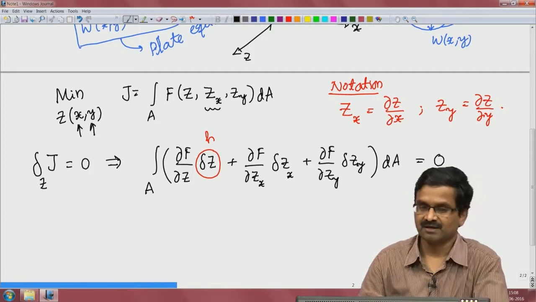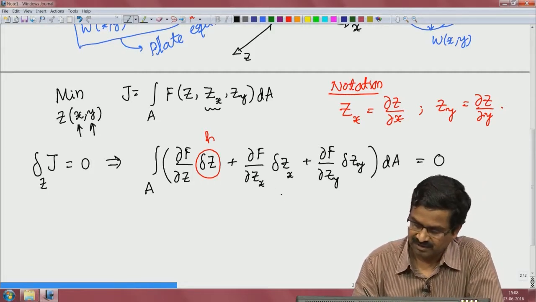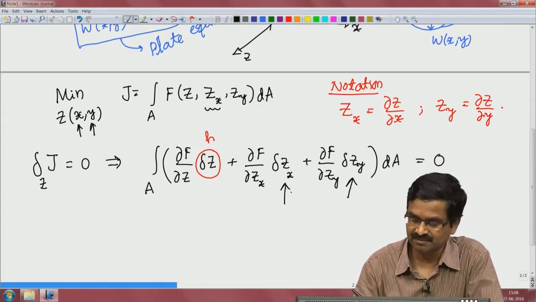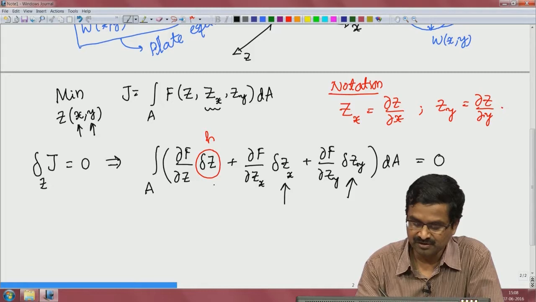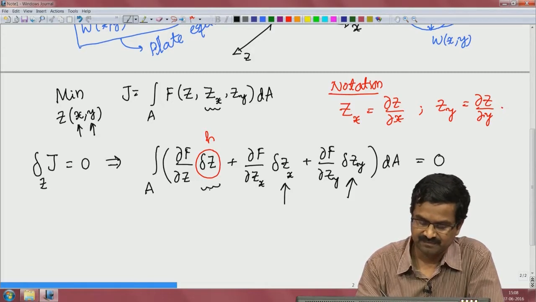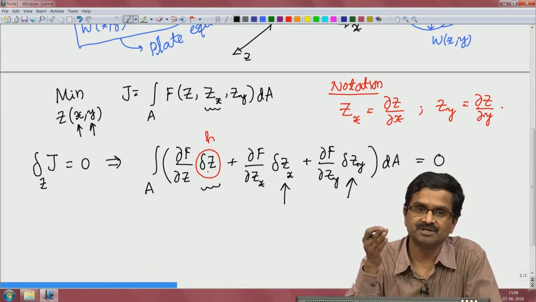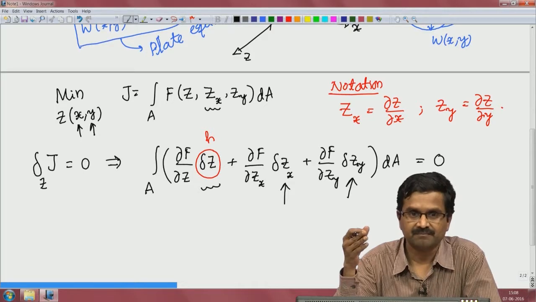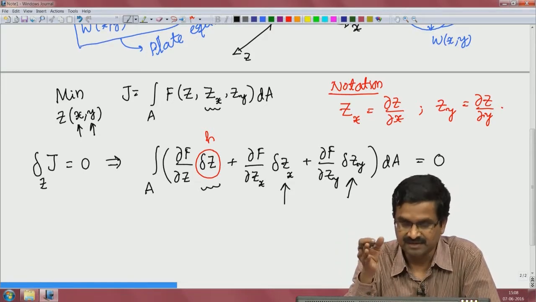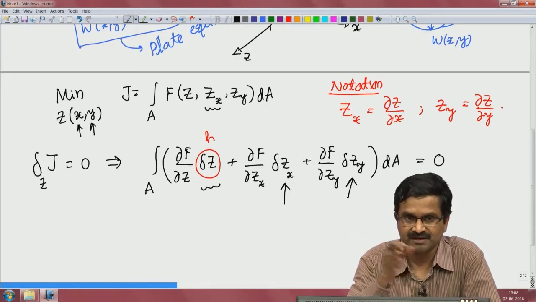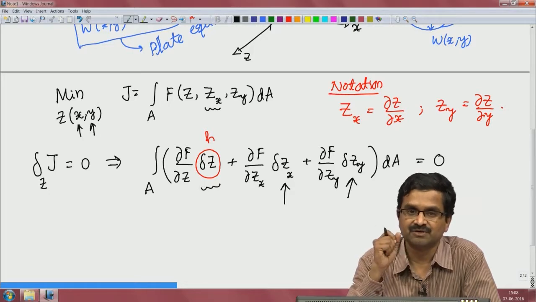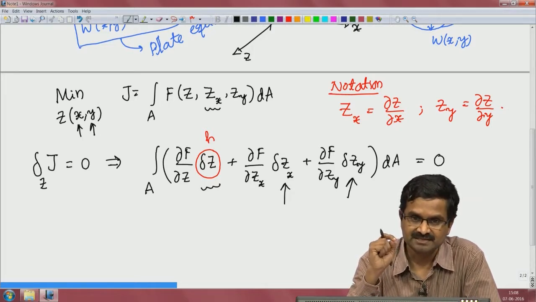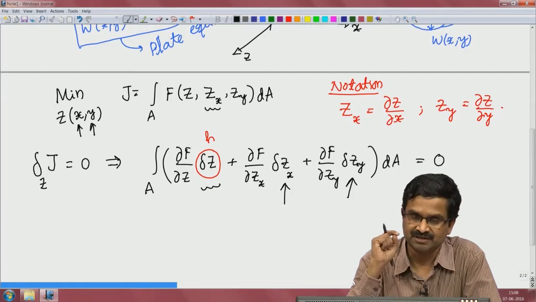Before we do that, our objective, if you recall, is to convert these delta z sub x, delta z sub y into delta z, because then we know that delta z is arbitrary, and then we can say, using the fundamental lemma of calculus of variations, that what multiplies that is equal to 0, and we get the necessary condition in the form of a differential equation.